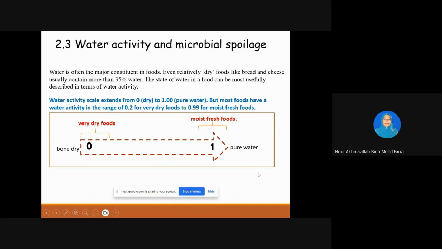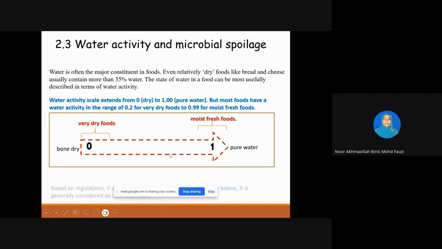This means that moist foods have a high water activity value, but dry foods normally have a value nearest to 0. So remember that the measurement for water activity is a scale from 0 to 1, where 1 is moist fresh food and near 0 is very dry food.